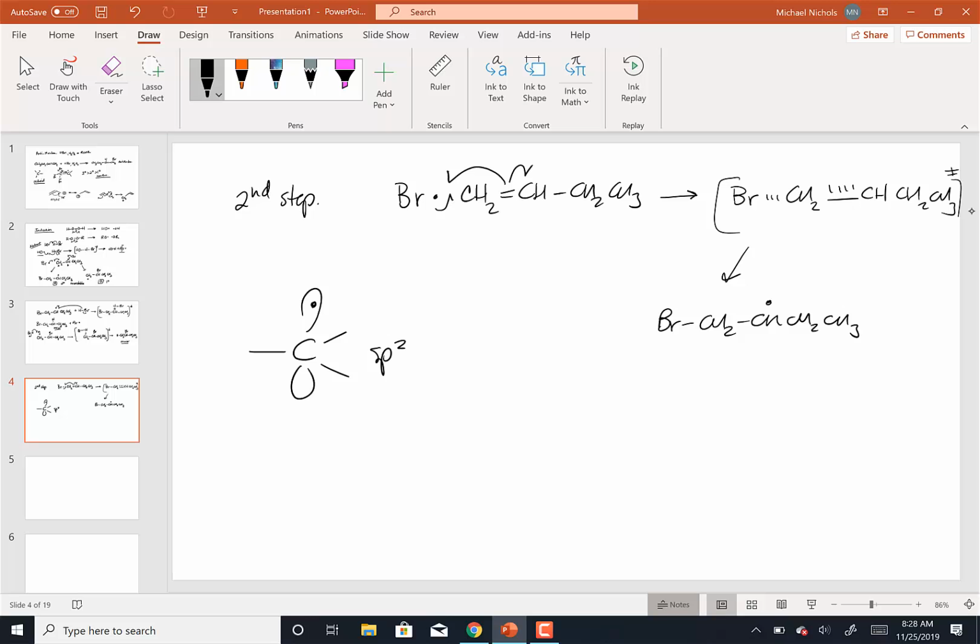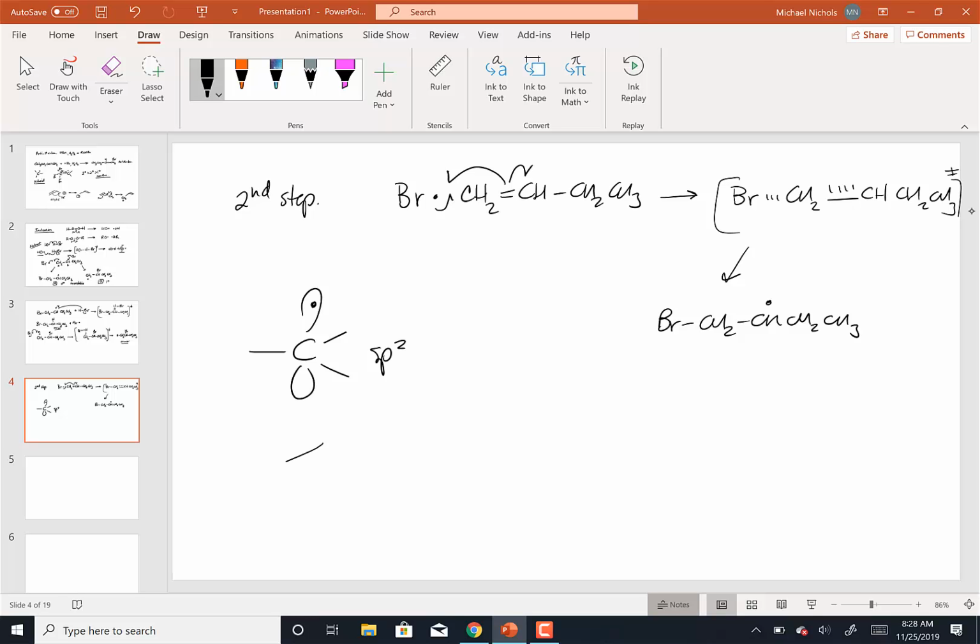Which leads us now to the third part of HBr peroxide. HBr and peroxide adds HBr anti-Markovnikov. What about the stereochemistry?